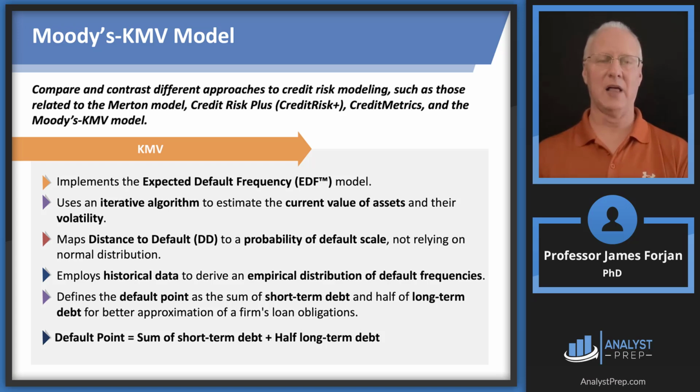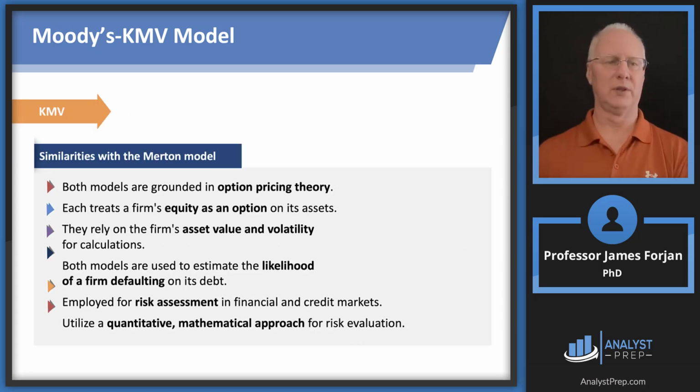This was one of the big challenges of the Merton model, so the KMV model updates it to consider those extra variables. So you might consider this a bit of a stronger model. I'm not sure that I would go that far, but some people might say so. But look at the bottom there: default point, the sum of short-term debt plus half of the long-term debt. That sounds like another really good exam question. So what are the similarities here? Option pricing, equity, asset, all that kind of stuff that we just did.